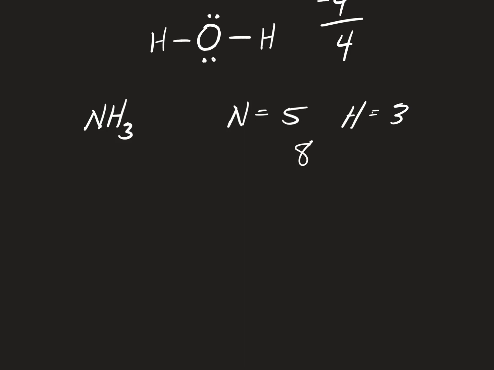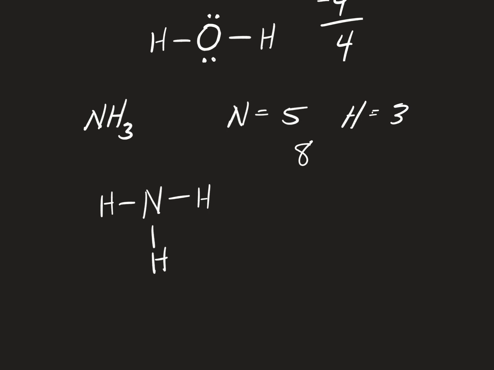All right, next step. We're going to draw a skeleton structure. I'm going to put nitrogen in the middle and the hydrogens around the outside. There's our skeleton structure. There's really no other way to make that happen.